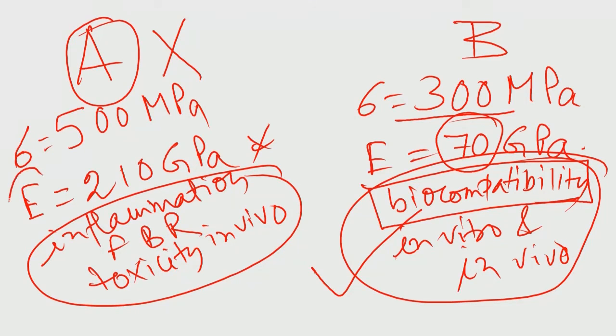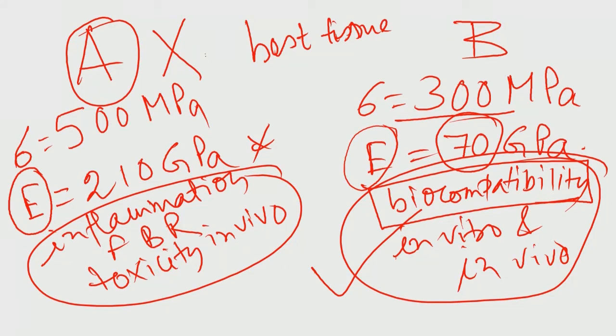Now, one more point that needs a little more discussion is the elastic modulus. Elastic stiffness essentially means the ratio of stress to strain. Why is it important? Your material is always surrounded by host tissue or host bone structure. So, you have your implant material, and surrounding it, the shaded region, is the host bone structure.